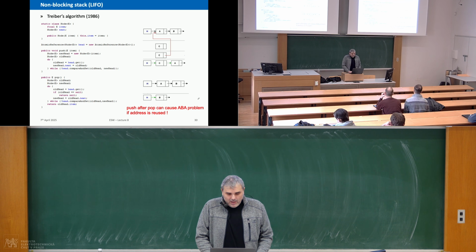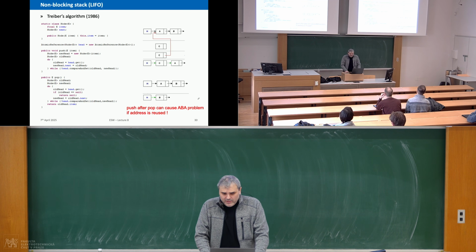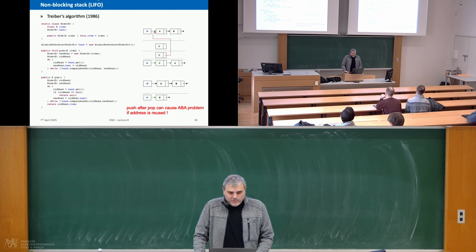So let's look at how such a more complex non-blocking algorithm is implemented. I have two examples. One of them is a stack. What is a stack? A stack is a LIFO data structure, last in, first out. The most recent value is first removed from that structure.